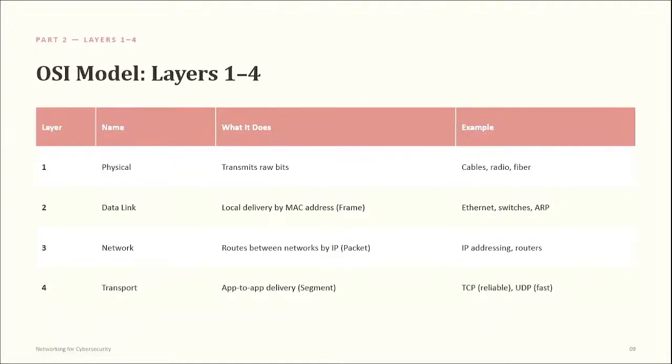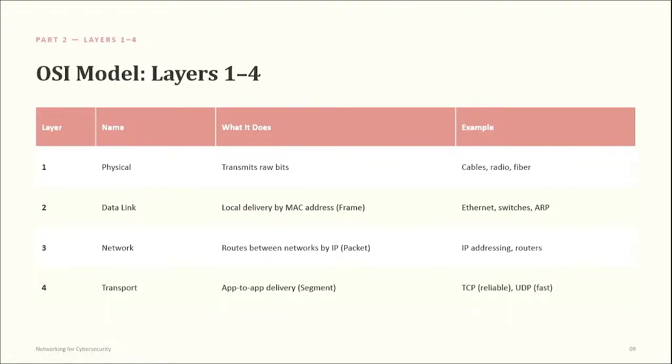All right. Then the OSI model from 1 to 4. The first layer is the physical layer, which transmits raw bits. Examples of tools at the physical layer are cables, radio, and fiber. Physical layer, like I'm saying, cables.